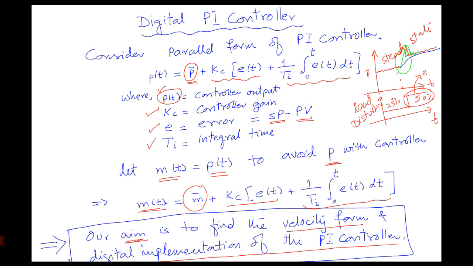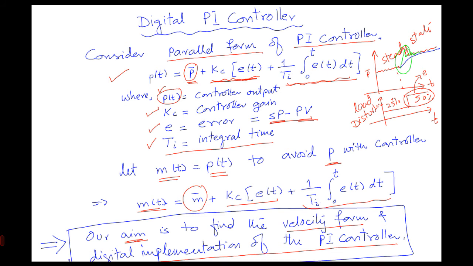So coming back to the starting equation, the parallel form of the PI controller, we have this part, Kc multiplied by the error E, and this is the term for the integral. PT is the controller output, Kc is the controller gain, E is the error, which is the set point minus the process variable or the control variable, and Ti is the integral time.